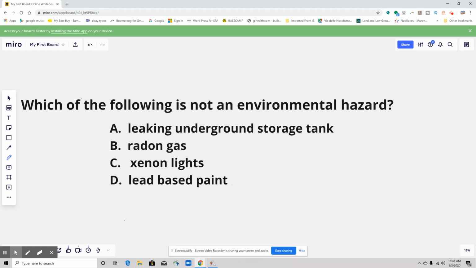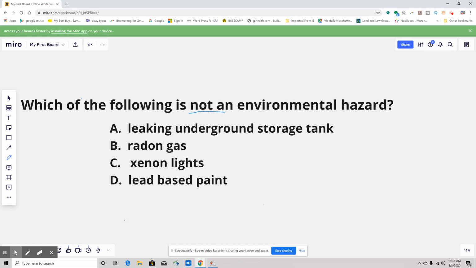So here's what we're going to do. We're going to tackle this, and first we're going to look for our identifying words in this. Which of the following is not? So we're not looking for the ones that are environmental hazards. We're looking for one that isn't an environmental hazard. And why do I point that out specifically? Because what happens a lot of times is people who read the question too quickly will do this.